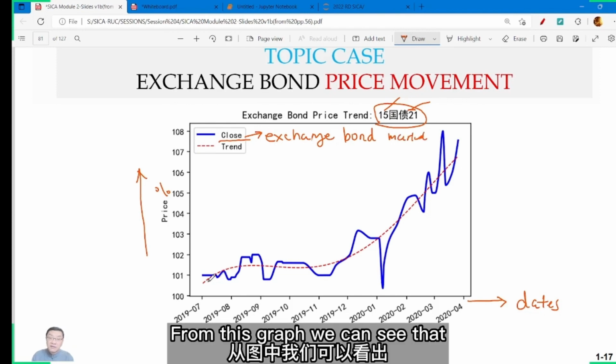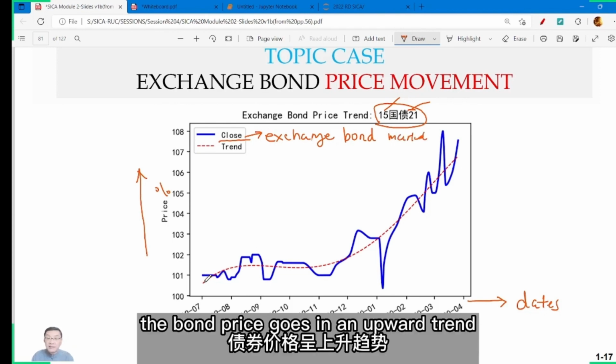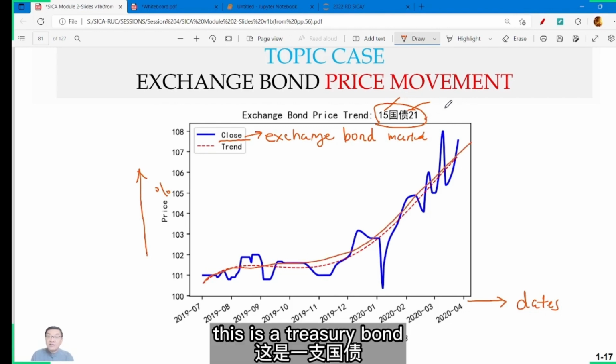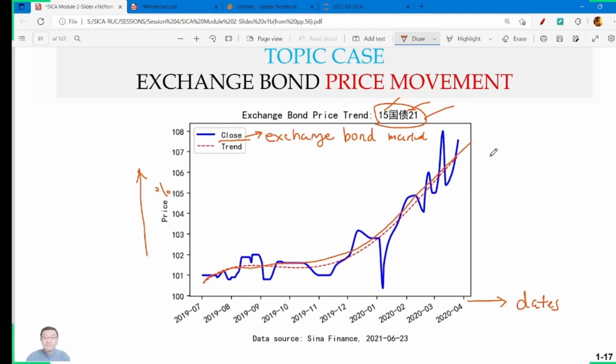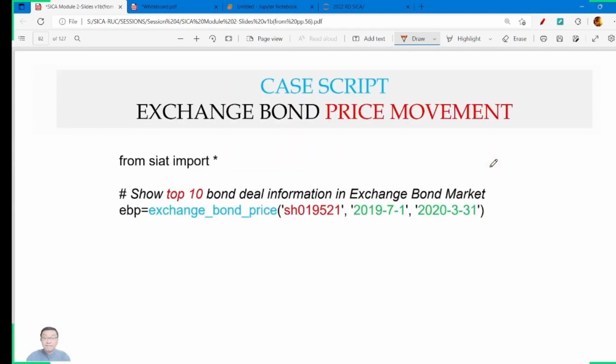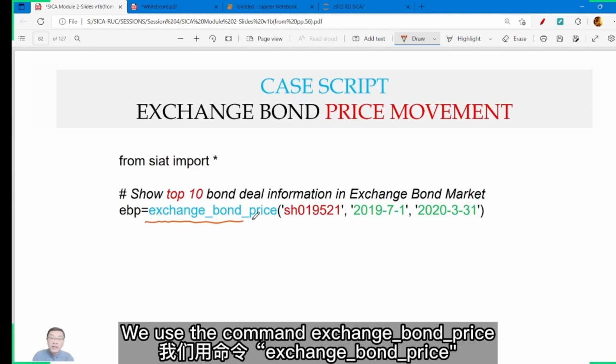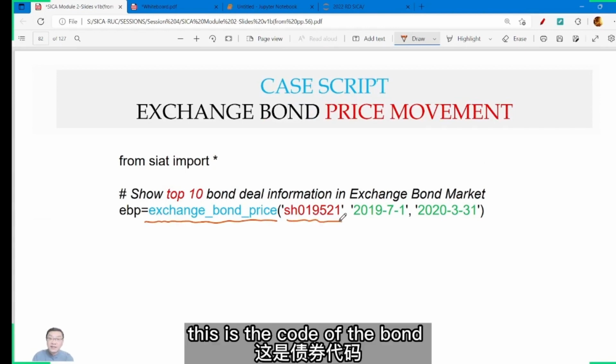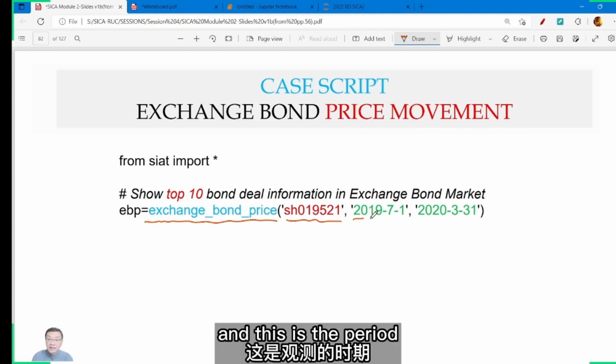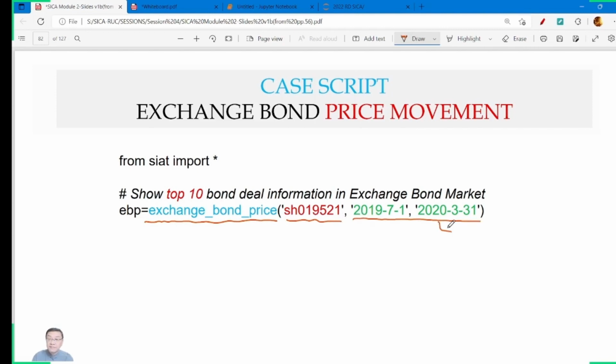From this graph, we can see that the bond price goes in an upward trend. This is a treasury bond. Well, this is the Python script. We use the command exchange bond price. This is the code of the bond, and this is the period.